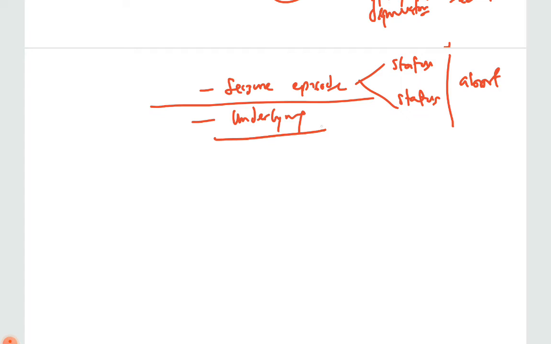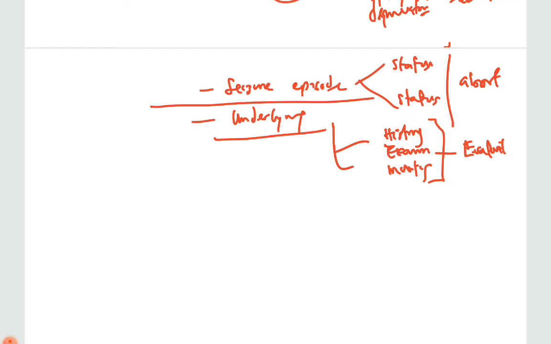Of course, management of the underlying cause has to do with evaluation: you have to look for it, and this will go through history, examination, investigation, and this helps with the evaluation to find out why, and then of course the treatment.